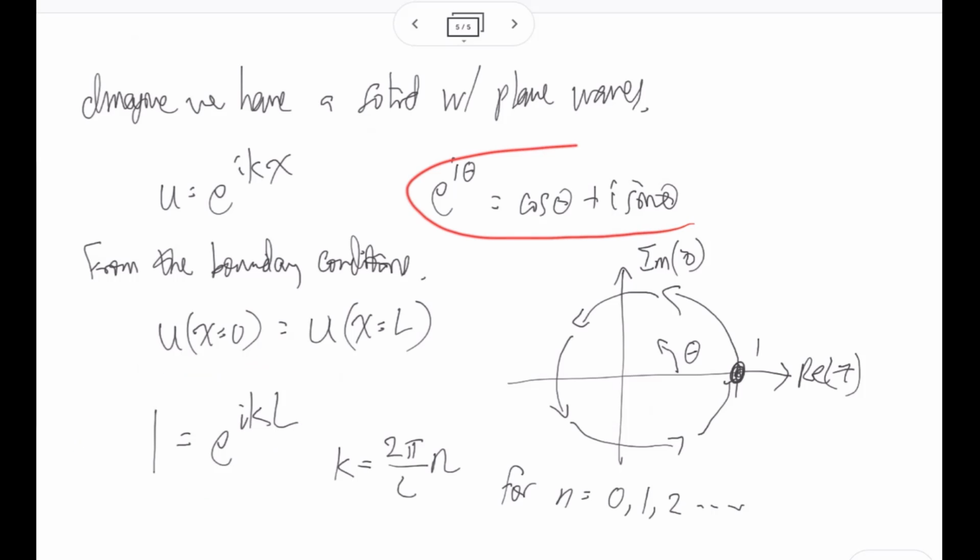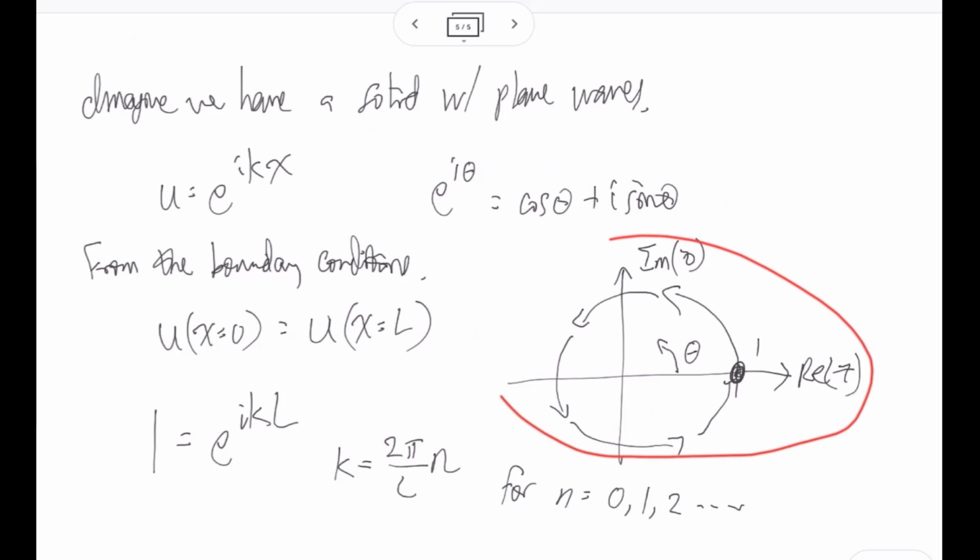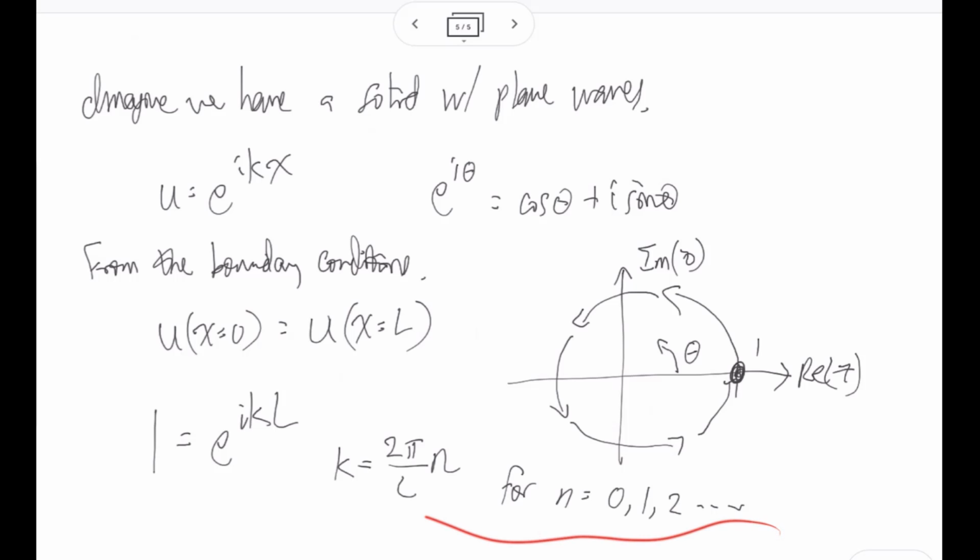And using this expression from complex analysis, this can only be satisfied when k equals 2 pi n over L, for n natural numbers, so 0, 1, 2, positive integers. So these are the quantized values for k that we can have for our system.